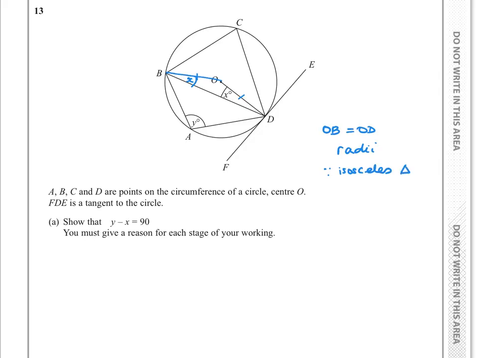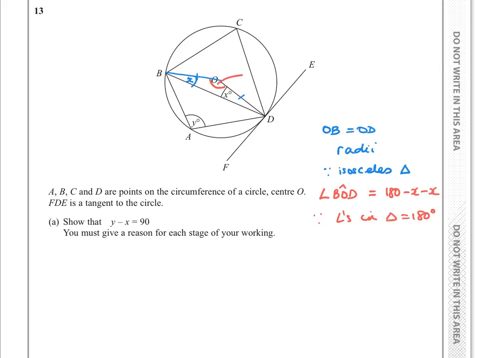So I'm not going to write everything in detail. Here, we could say angle BOD equals 180 minus x, because angles in a triangle equal 180 degrees.